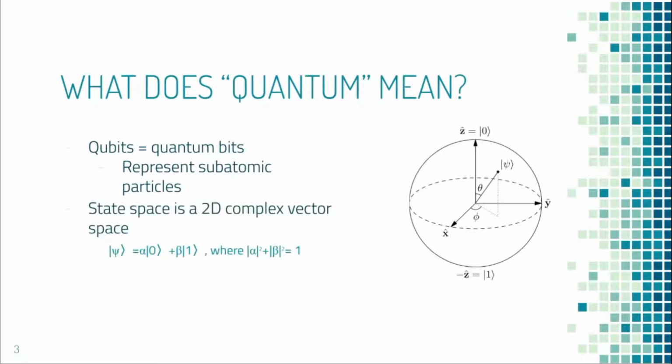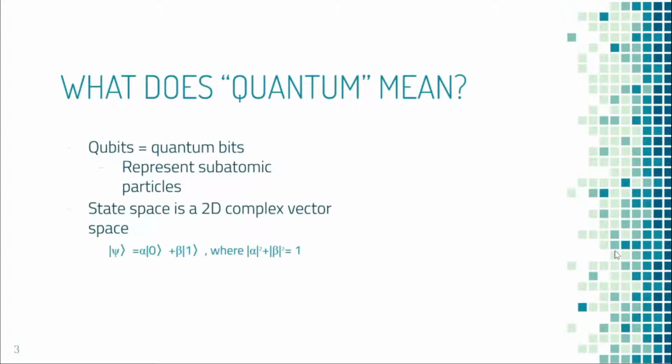So the state of a qubit at any given time is, again, demonstrated by this 2D space right here, with alpha and beta being the amplitudes. And also feel free to stop me at any time if you have any questions.